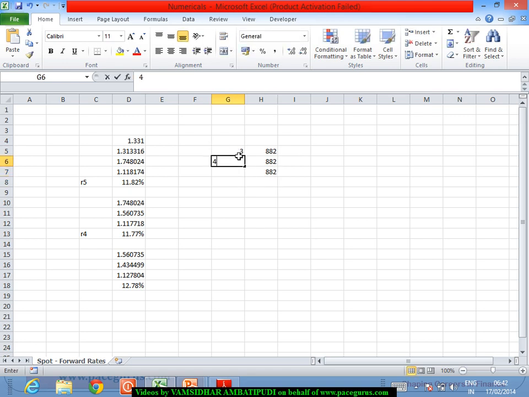Now if I want their present values, I discount the cash flows with their spot rates. 882 divided by 1 plus the 3-year spot rate of 11% whole cube, plus 882 divided by 1 plus the 4-year spot rate of 11.7% to the power 4, and the last one, 882 divided by 1 plus the 5-year spot rate to the power 5.